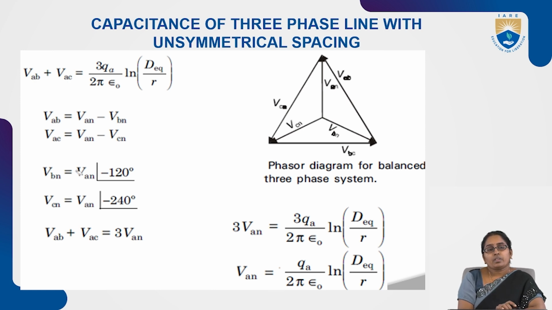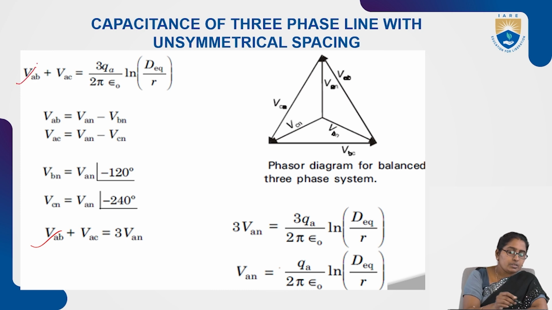Now, for a balanced three-phase system, we know that VAB plus VAC is given by, like the previous symmetrical case, the same thing we have considered, 3 VAN, right? 3 VAN. Okay, that is what a three-phase balanced system is shown.